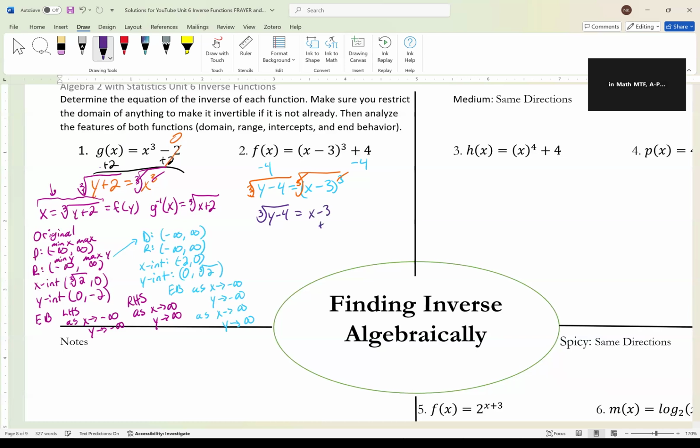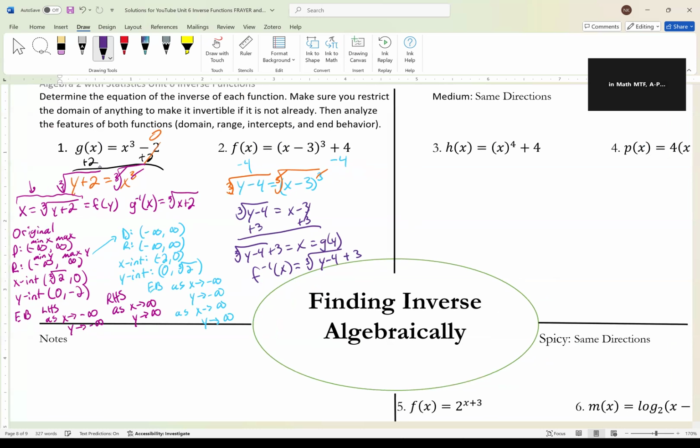Let me finish this. Which equals, we'll say g of y. Or you can say the inverse of f of x is equal to the cube root of y minus 4 plus 3.